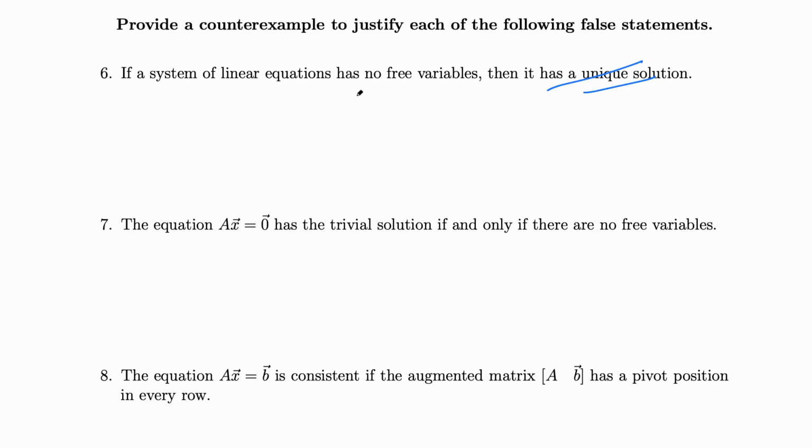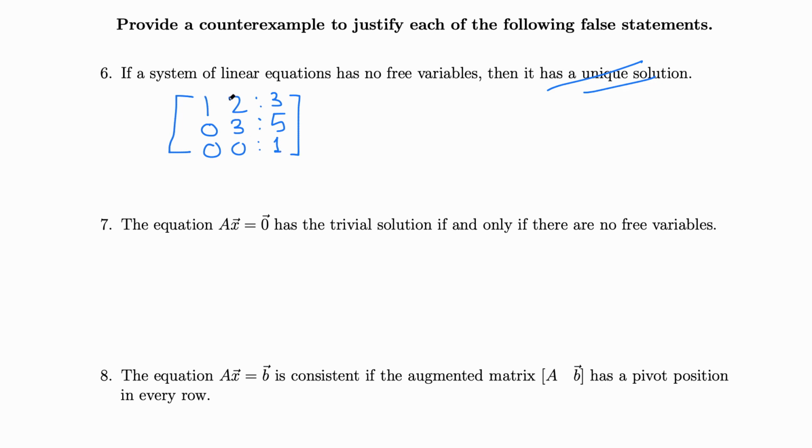So let's create a system with no free variables and write down its augmented matrix: 1 2, 1 2, so no free variable, right? So first, second, and we have 3, and here is 0, 3, 5. So no free variables, but at the same time we can have, sometimes, 0 0 1 or any other number.